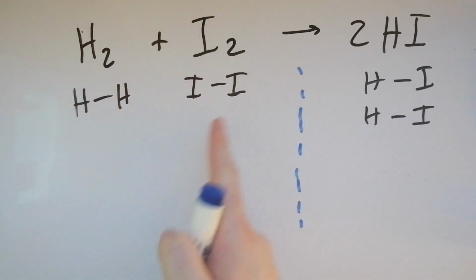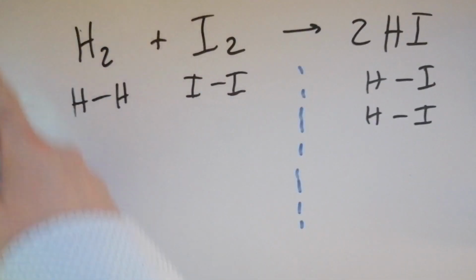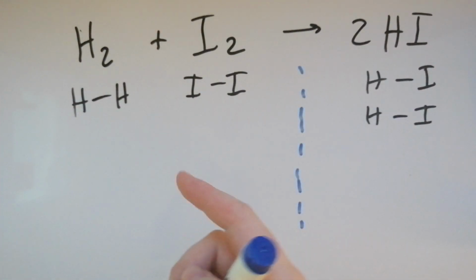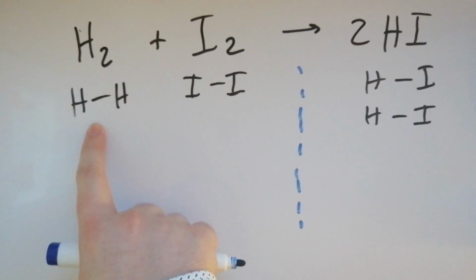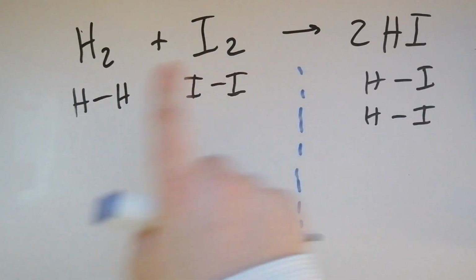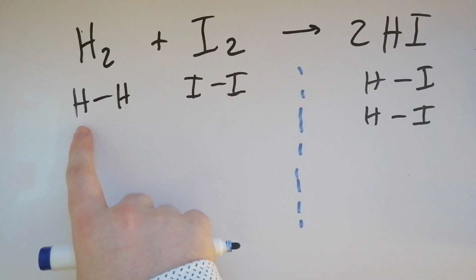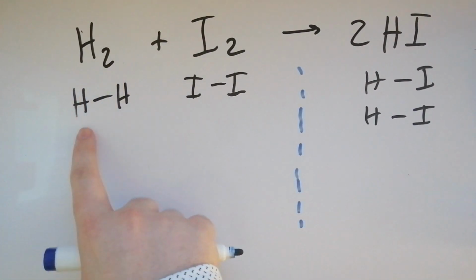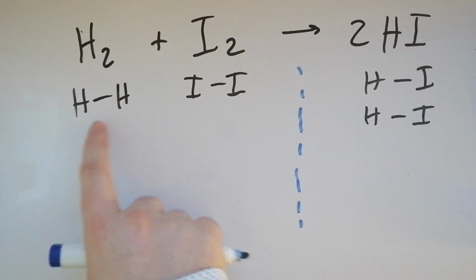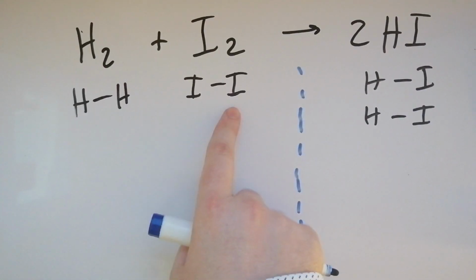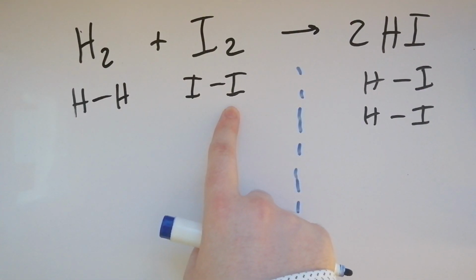So to calculate the total energy of the reactants, we need to calculate the energy of all the bonds in the reactants. Okay, so in the reactants we have one bond between two hydrogens and one bond between two iodines.